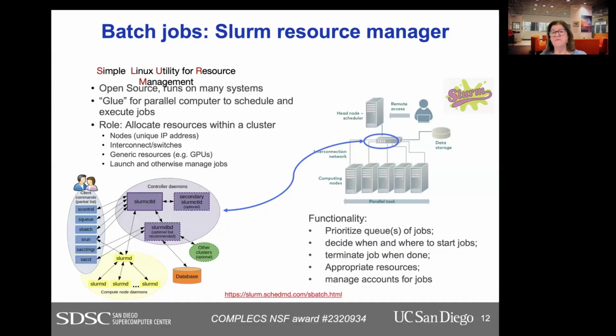And in the background, Slurm will launch and run the job for you. But you can ask for an interactive connection, which is what we'll talk about today. And then all the computing nodes are in the back and they'll do their jobs. And when done, the Slurm system will grab all your data and put it where you ask it, and return information about the job to you. So its role is to allocate these resources.